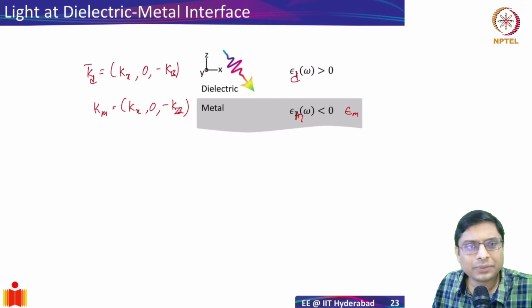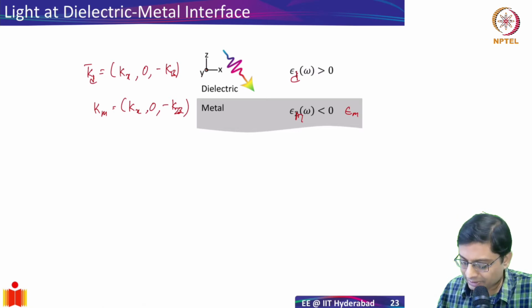And we have seen from the analysis of the dispersion relation that we can write the entire sum, for example, in medium 1, or let me take the case of medium 2, that is much more interesting. So let me say in medium 2, that is my metal, and medium 1 is a dielectric.